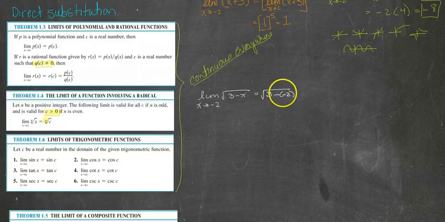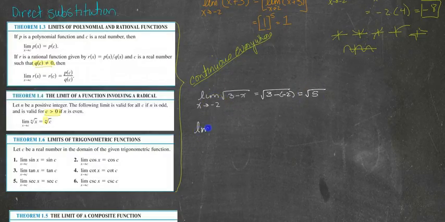And I can see that I'm safe from my restrictions on the domain, so that's just the square root of 3 plus 2, which is 5, and that's as simple as I can go. So by direct substitution I can find the limit of this function at x equals -2.